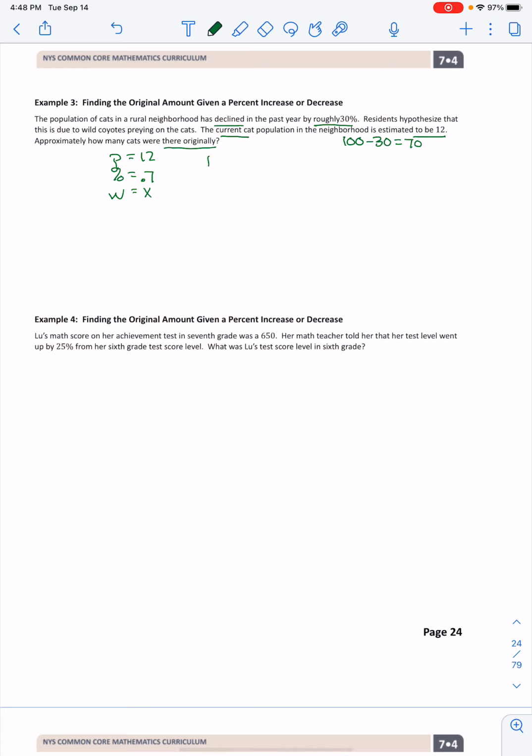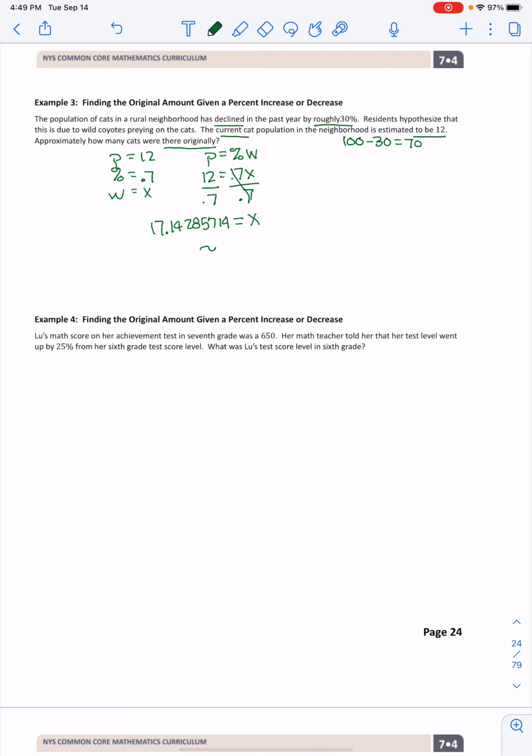So now we have P equals the percent times W. So we have 12 equals 0.7x. So we're going to divide both sides by 0.7 and divide that, and we get x equals 17.14285714.